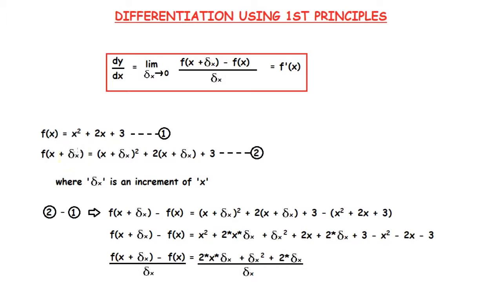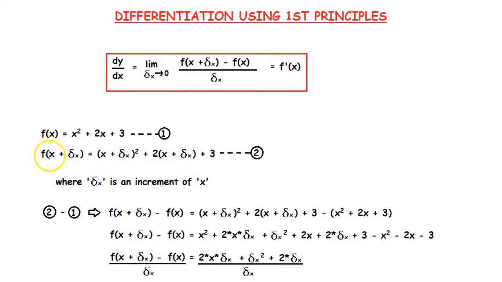Here we are basically replacing x with x plus delta x. So that will give us x plus delta x whole thing squared plus 2 into x plus delta x plus 3. So this will be equation 1 and this will be equation 2. Here we need to mention that this delta x is an increment of x.